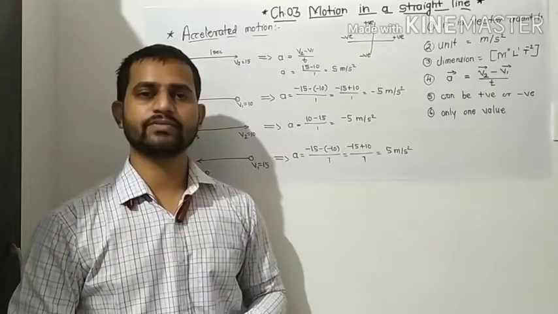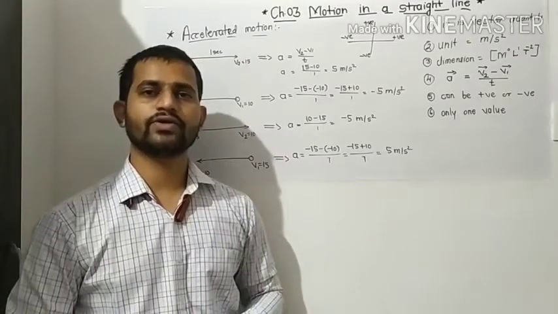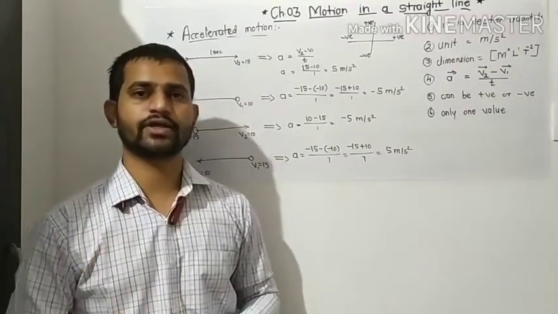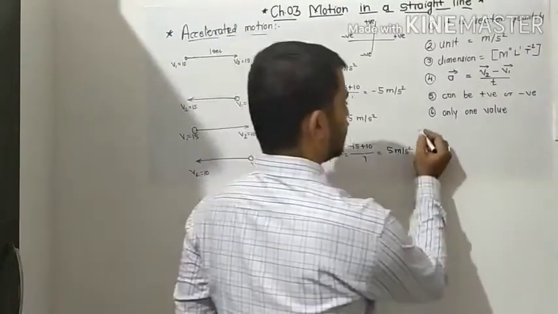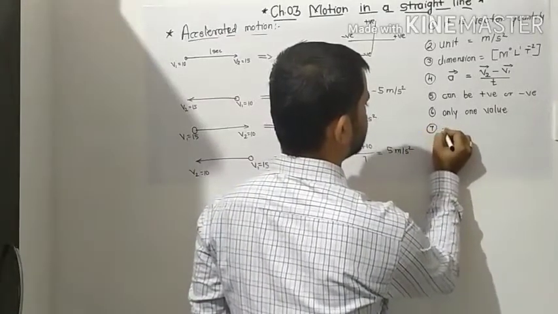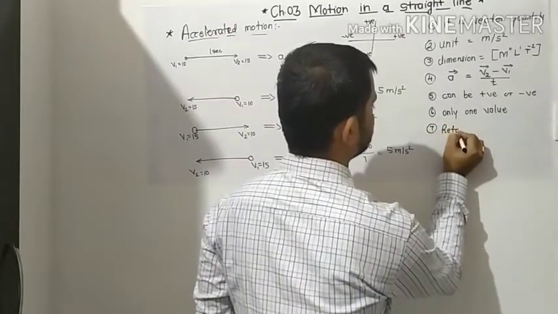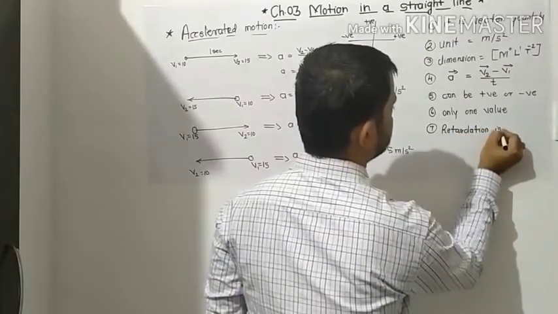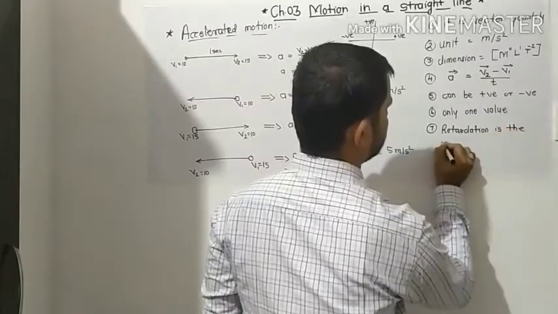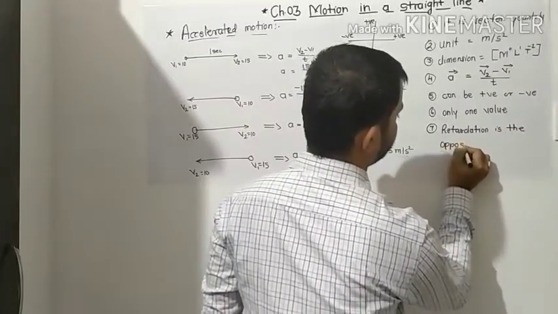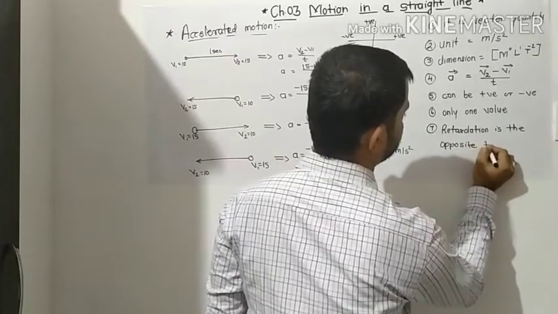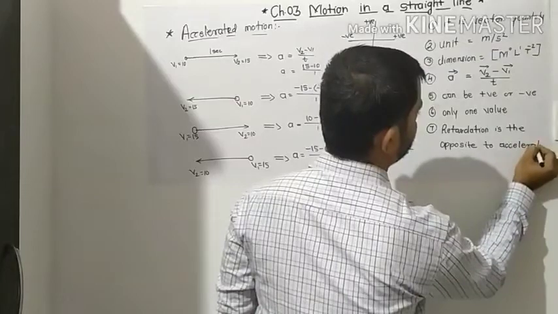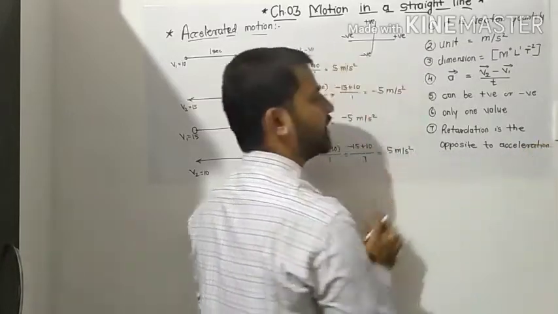When the speed becomes low, the velocity decreases. So when the velocity decreases, there is retardation. The one term we have to consider here is that retardation is the opposite of acceleration. What is the difference between retardation and acceleration?